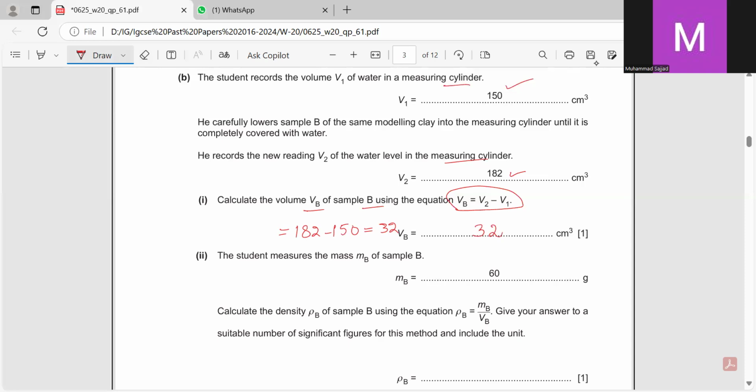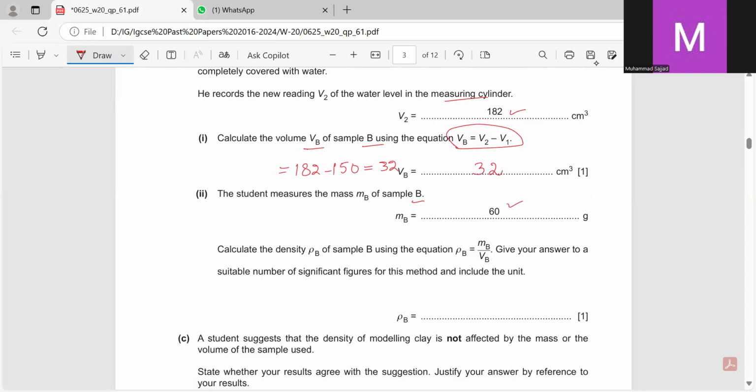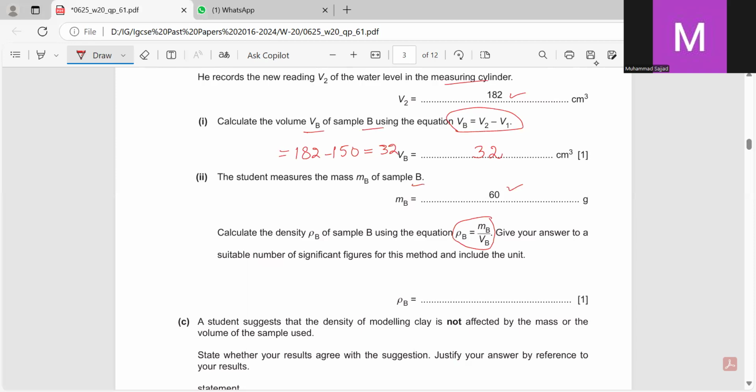The student measures the mass MB of the sample, that is 60 grams, and then again we are supposed to calculate the density rho B using the equation, which is equal to 60 over the volume, 32. So 60 divided by 32, we are getting 1.875. We are not going to write this many significant figures. We can write 1.88 grams per centimeter cube.